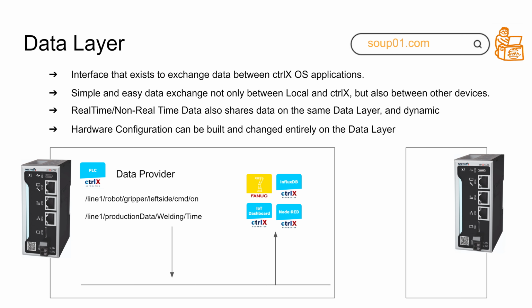But for example, if I have another ctrlX, is that a problem? No. Just make sure that you're connected to the same network or using a router or something, then you can get the data also with the data layer from your apps.